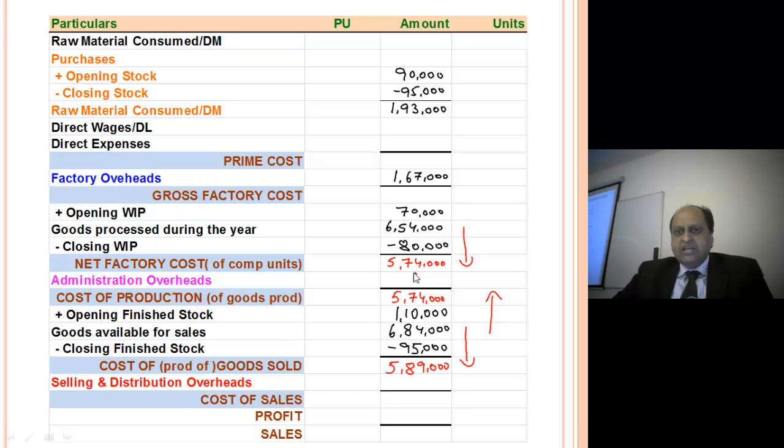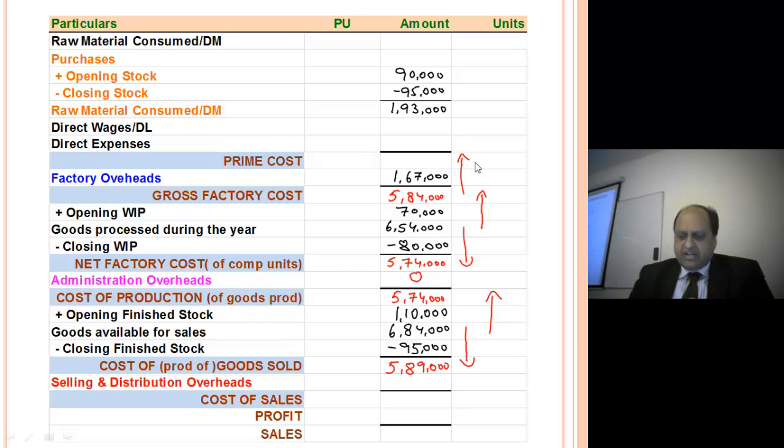This means in this particular question, my administration overheads are 0. Now this time I'll move upward. And what will I do? From 6,54,000, I will deduct 70,000 and obtain the figure of rupees 5,84,000.